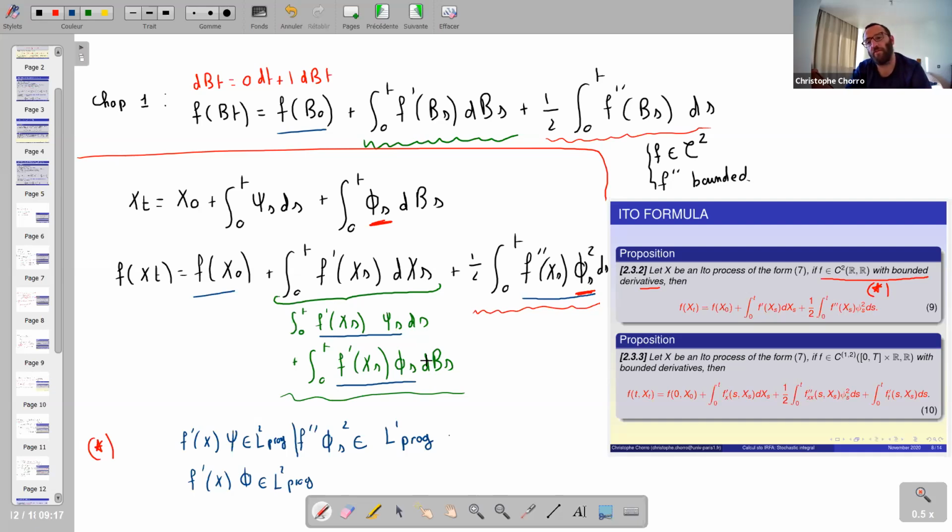Because for the moment, I have defined the stochastic integral on L2 prog. If I want to relax the condition on small f in the Ito formula, I will need to relax the integrability condition of the integrand. So it's exactly what we are going to do in a few seconds.